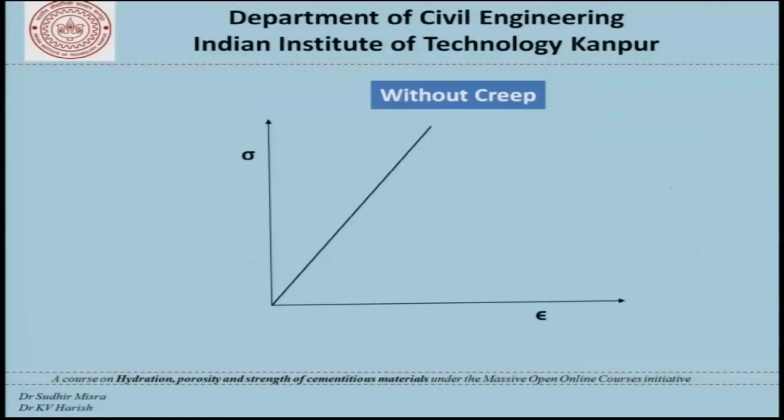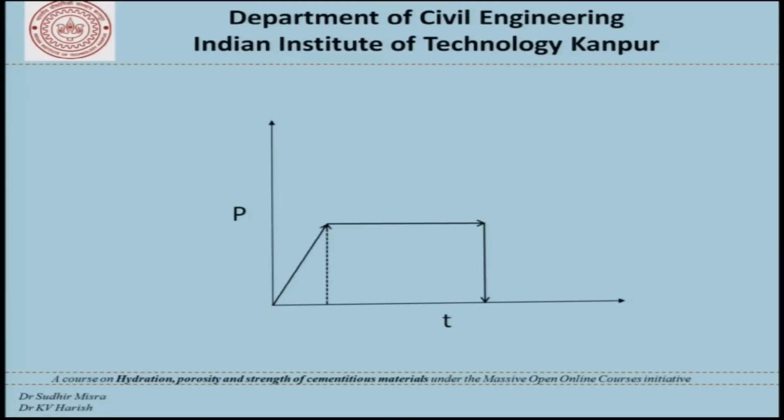Continuing this discussion further, what happens if this is our stress strain curve without creep. What happens if we unload? That is, we take the load to a certain point, keep it for some time, and then we unload. What is the response of the strain to this kind of a loading cycle?